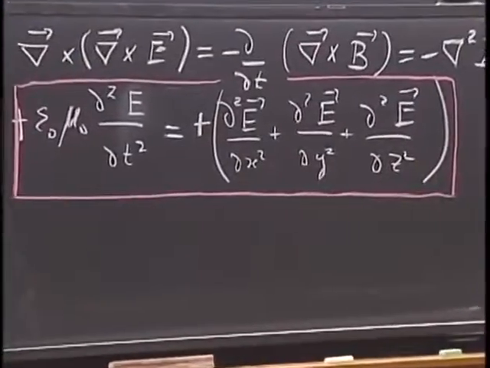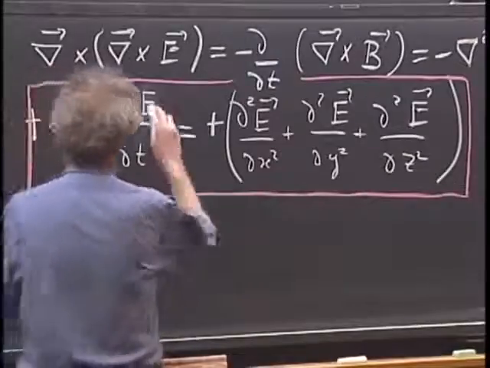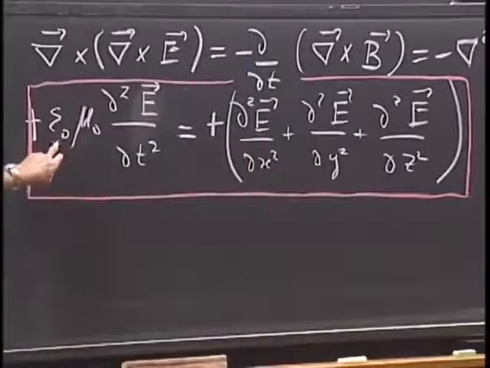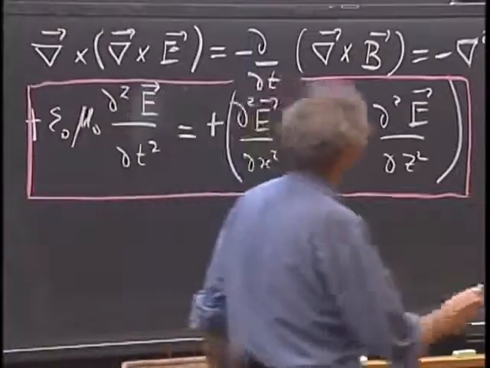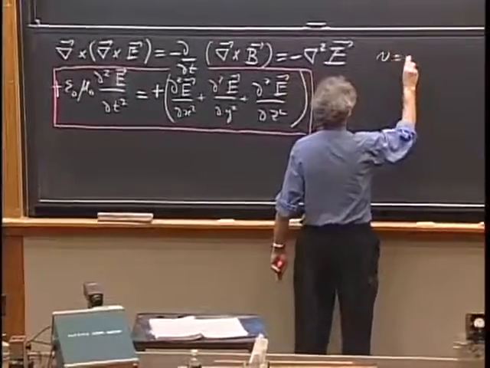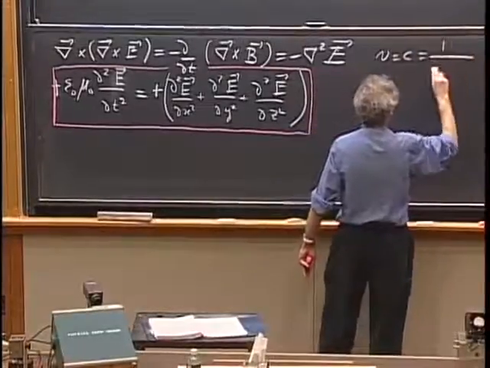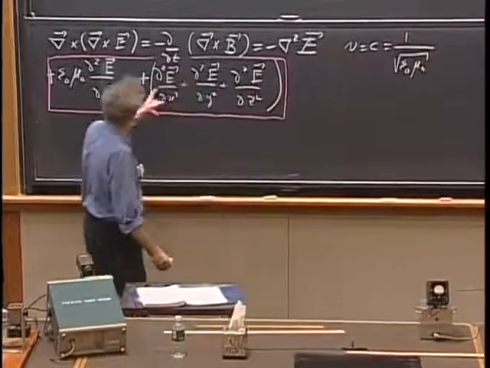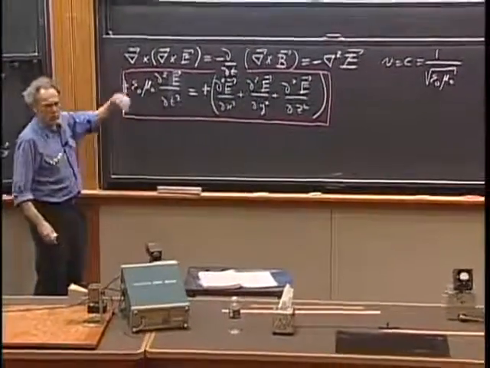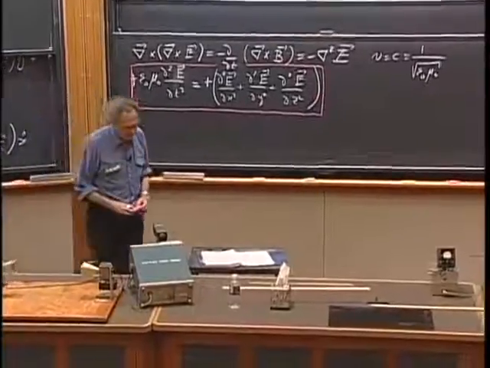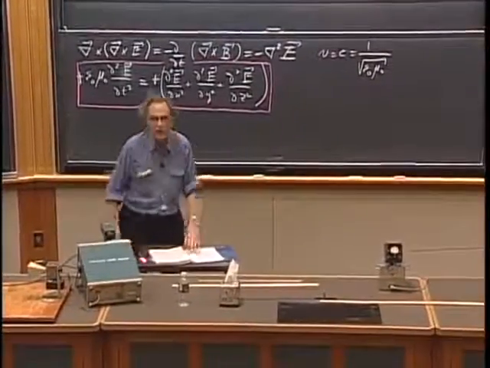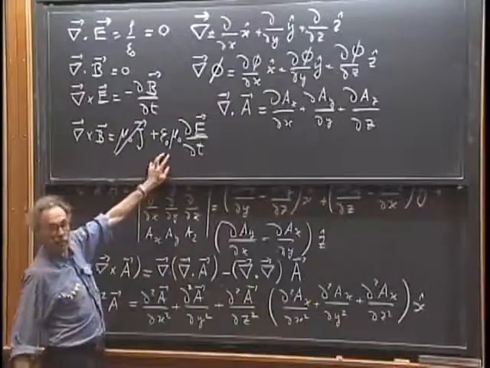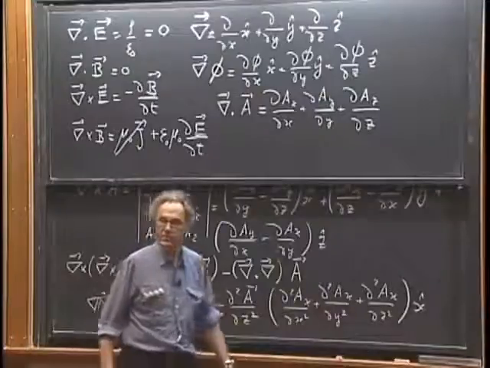So this tells you that you must be able to create electric fields, this is a vector, which move with a speed v, for which we always write c, which is 1 over the square root of epsilon 0 mu 0. Because remember, this is a wave equation, and what you see here is always 1 over v squared. And it was Maxwell, of course, who was the first to recognize that, because this was only possible because he added this term to Ampere's equation.